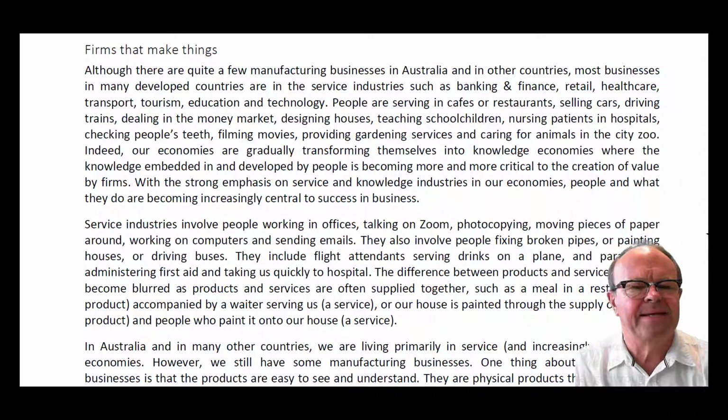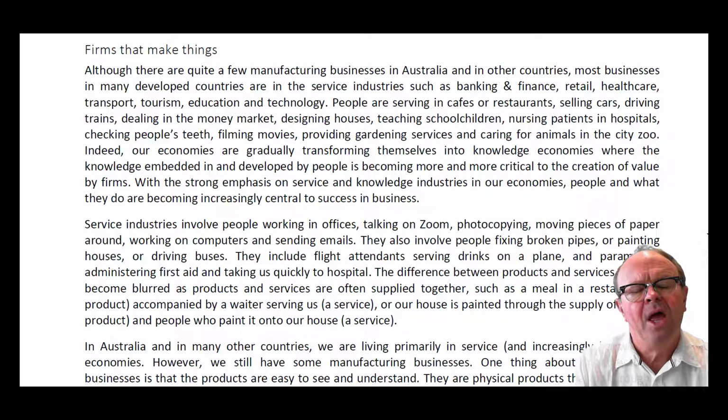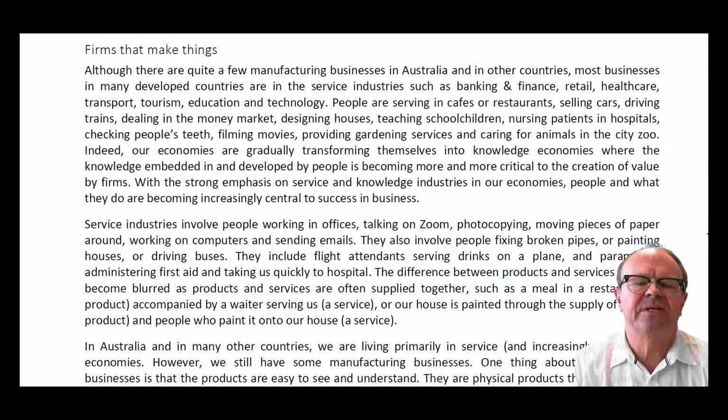Firms that make things. Although there are quite a few manufacturing businesses in Australia and in other countries, most businesses in many developed countries are in the service industries, such as banking and finance, retail, healthcare, transport, tourism, education and technology.